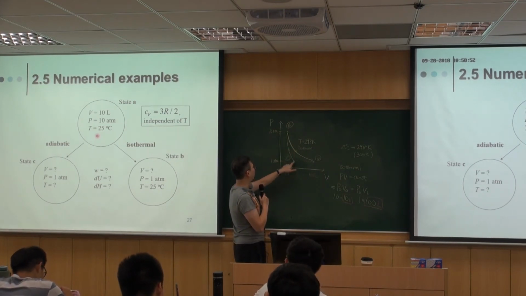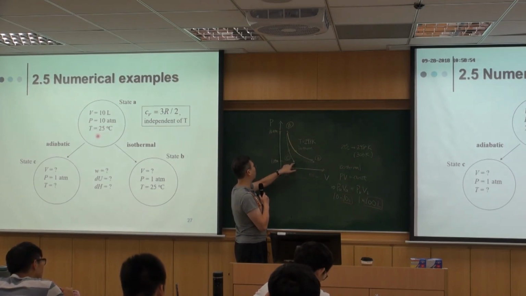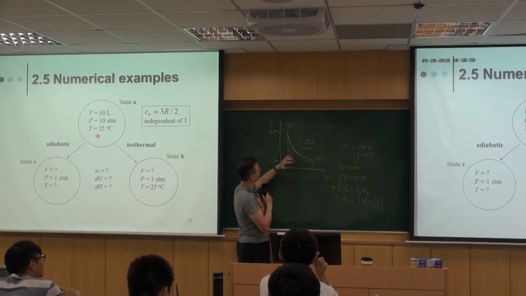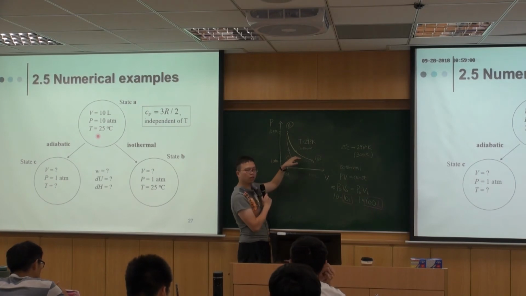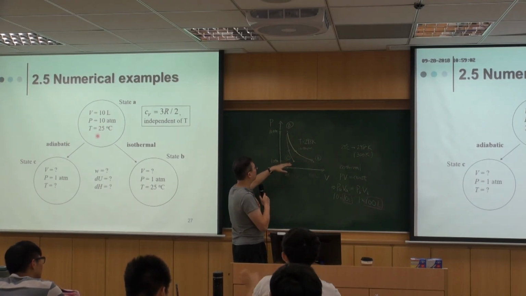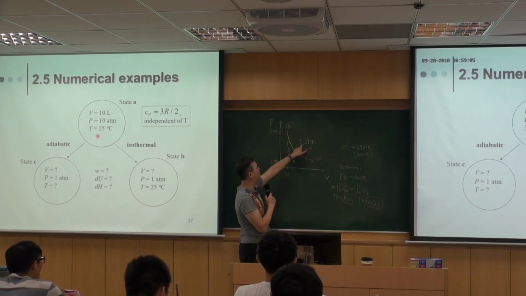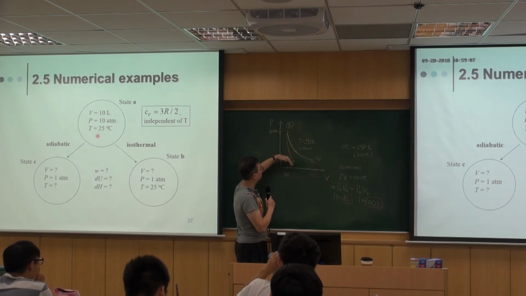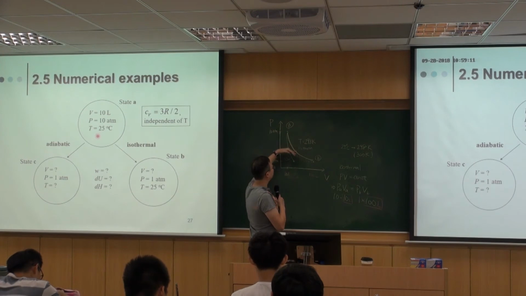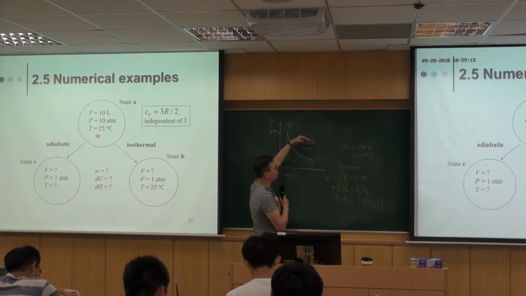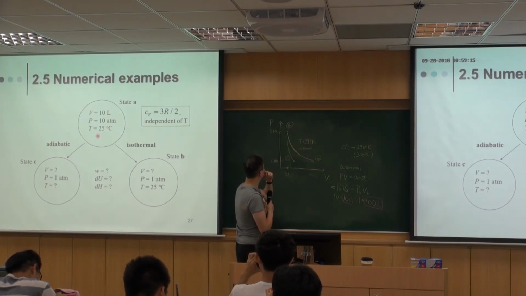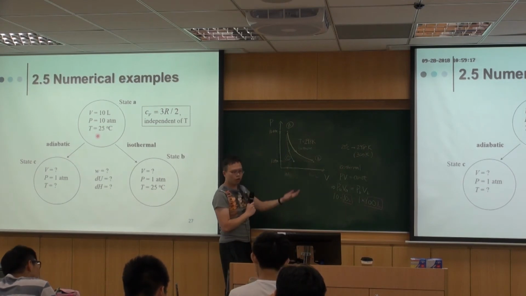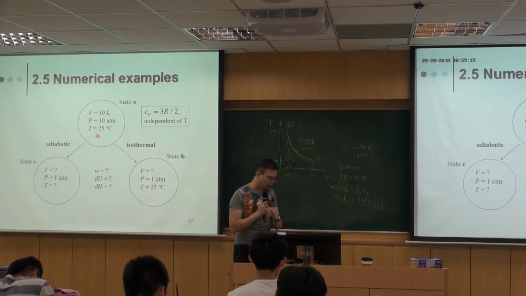If we land at this point, like C, the temperature should be smaller than 298 K, because if the temperature is getting higher, the state should be above this curve. So I would say the temperature is probably lower than 298.